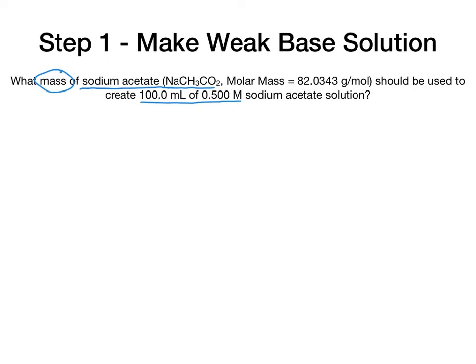Now, we've done this several times this semester. And so to do this, my first step is going to be to find moles. And so I want to make 100 milliliters of solution.